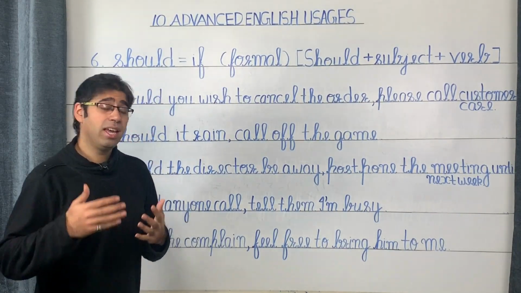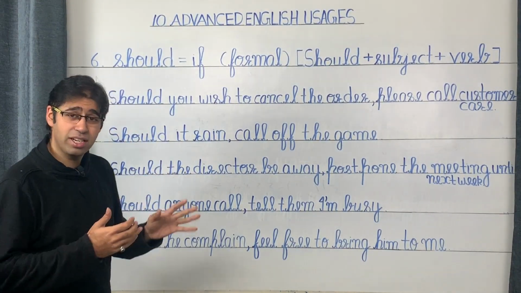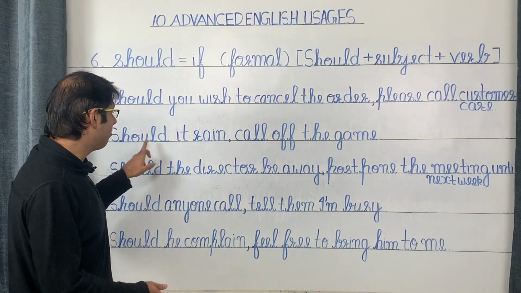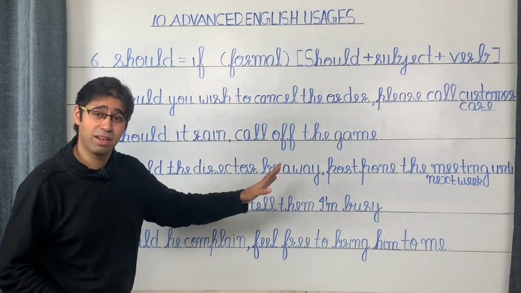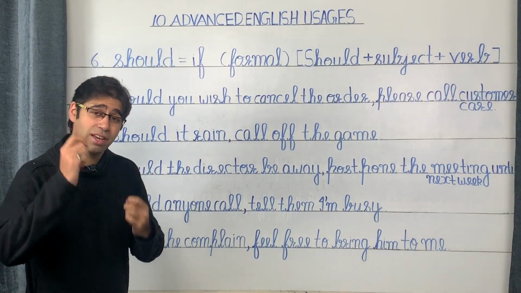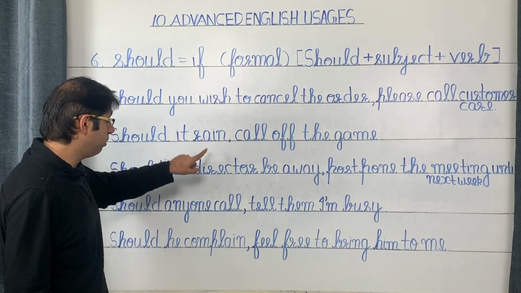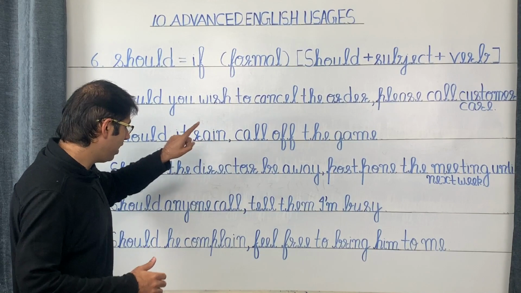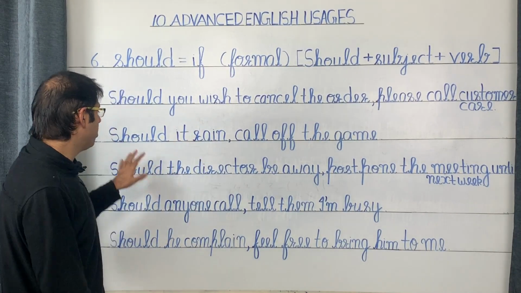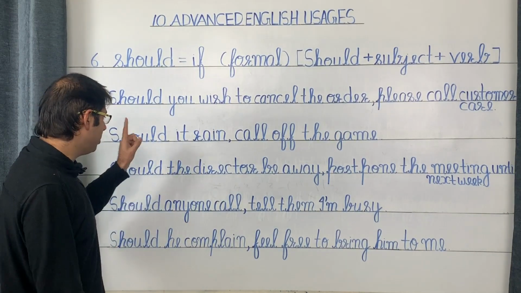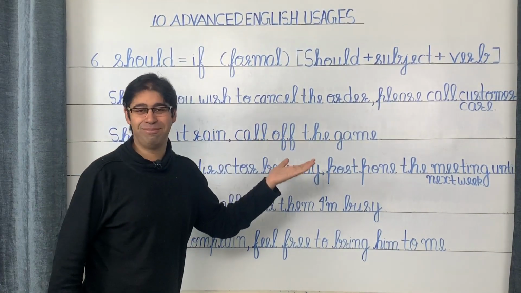Originally, if we use if in this very sentence, you would have that usage as already discussed as if it rains, call off the game. However, as you can see over here, we've employed should in place of if, and that returns our verb, which is rain, to its base form from rains back to rain, giving you the sentence, should it rain and not rains, as in case of if, should it rain, call off the game.